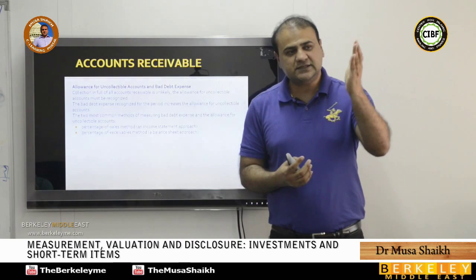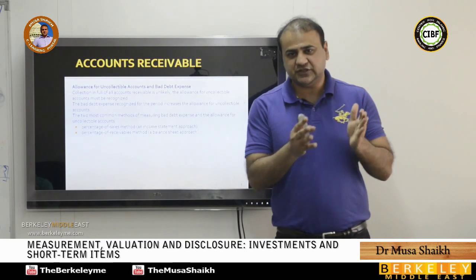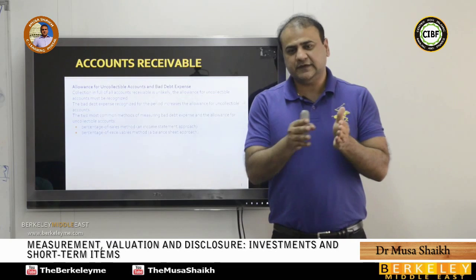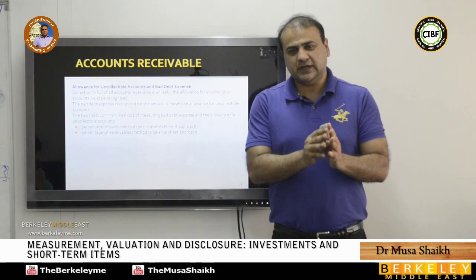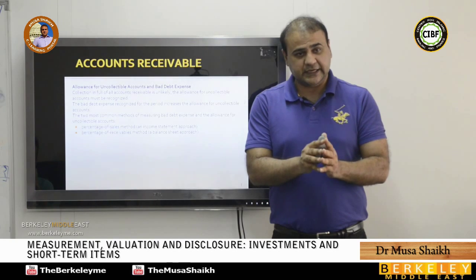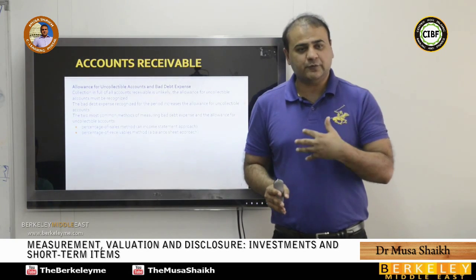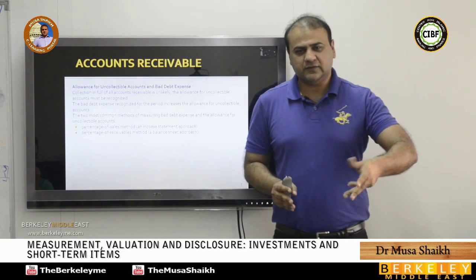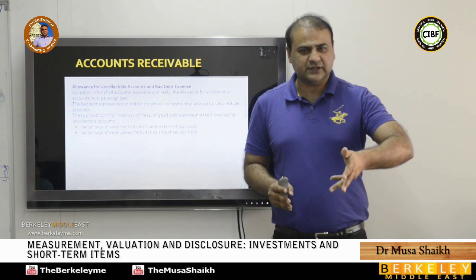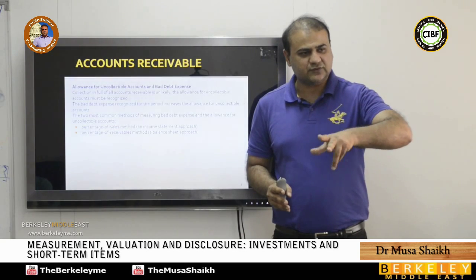We are anticipating, based on our judgment, that 2%, 5% of people will not pay us the money as we are selling goods on credit. So immediately we will put a provision. At the end of the year, we will see what the actual situation is and adjust with the actual amounts.